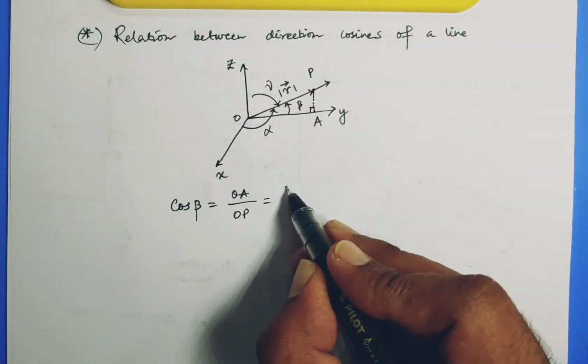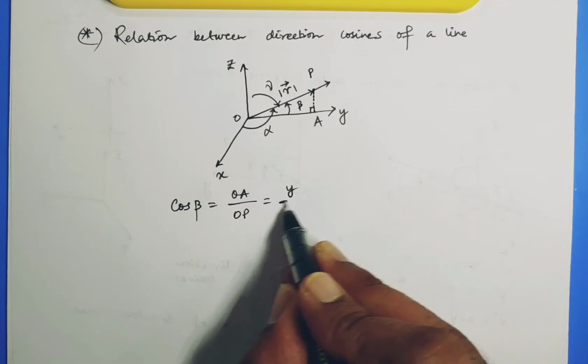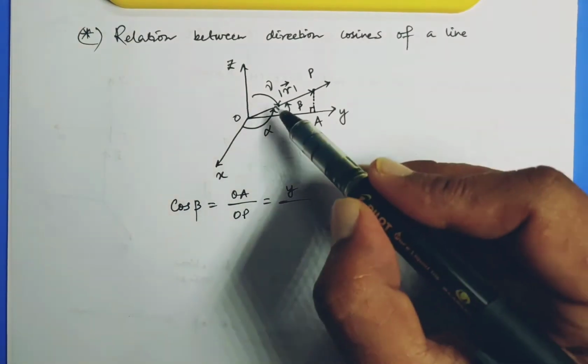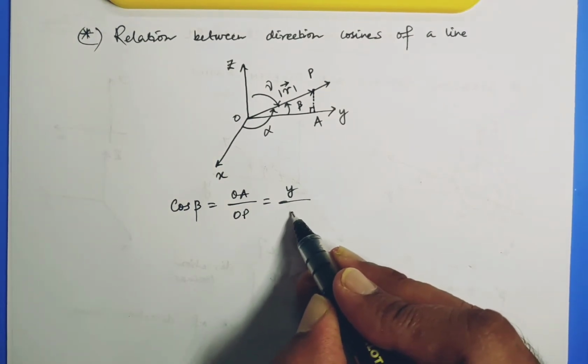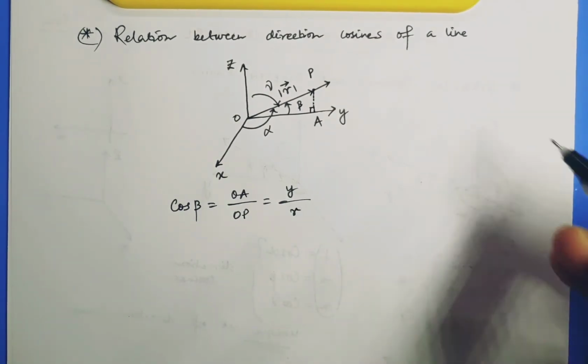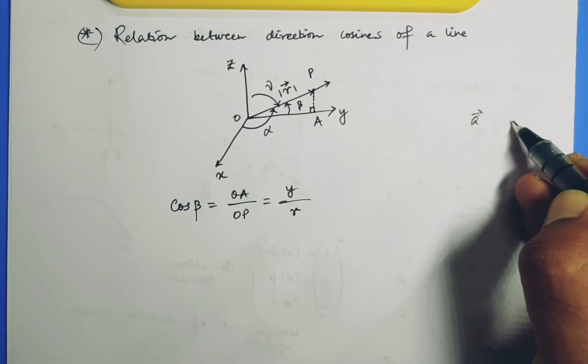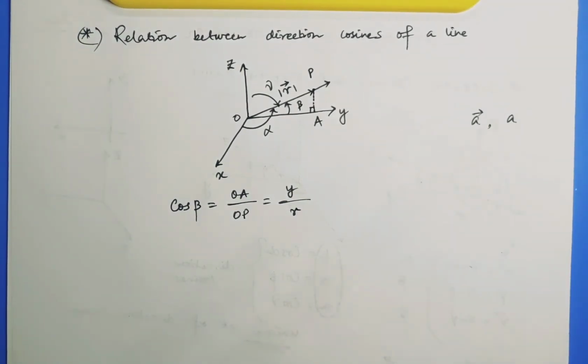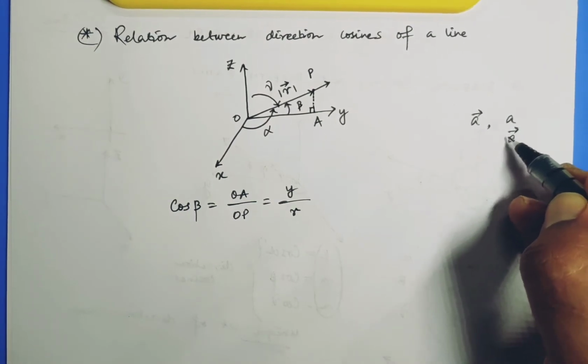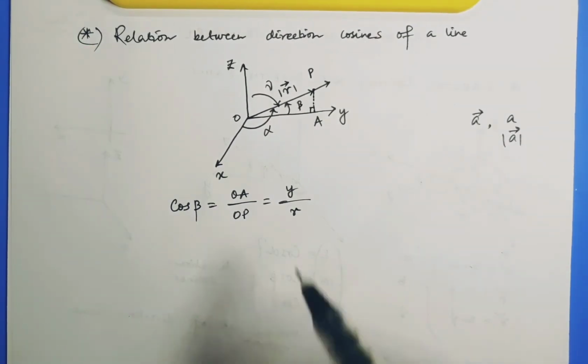So let us give it the name y. And OP, what is OP? It is magnitude of r, right? If I just write a vector like this, suppose I have an A vector, if I write A, it also means magnitude of A. It is the same as this one. Understood? So y by r is cos beta.